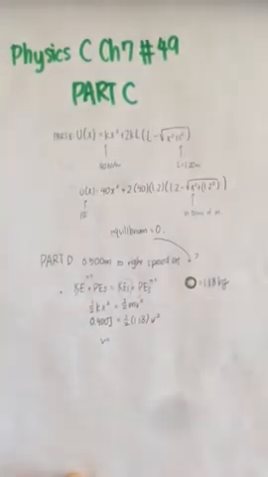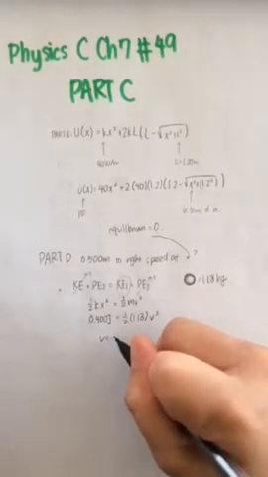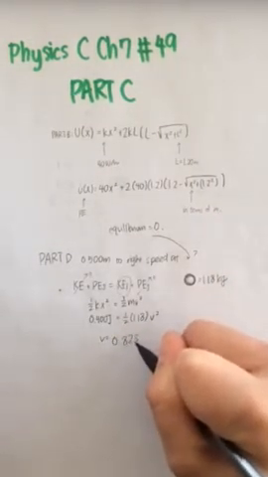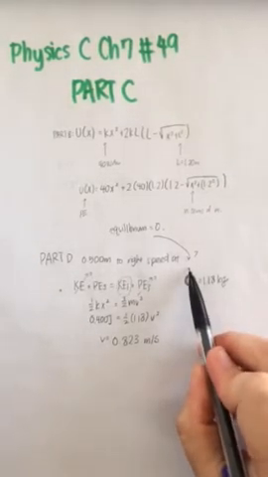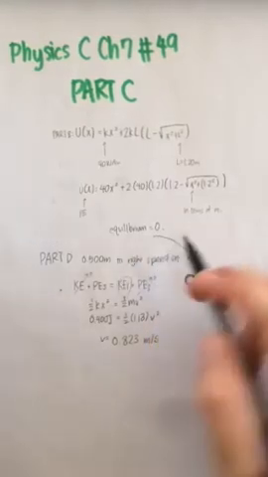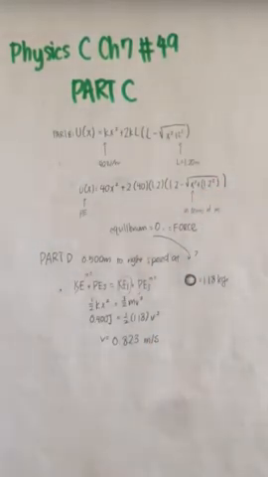Plugging that into our trusty calculator, v is approximately 0.823 meters per second. And that is our speed at equilibrium, where force equals 0. Ta-da! So this wasn't as hard as part A and B, and I hope you understand problem number 49. Good luck!